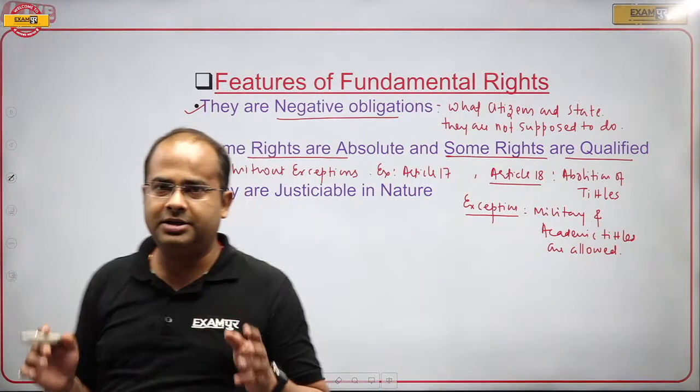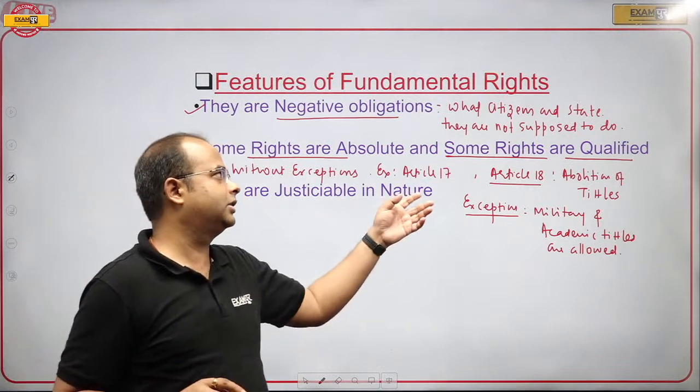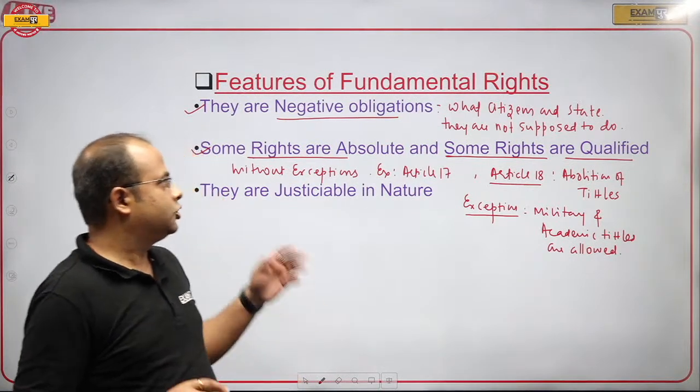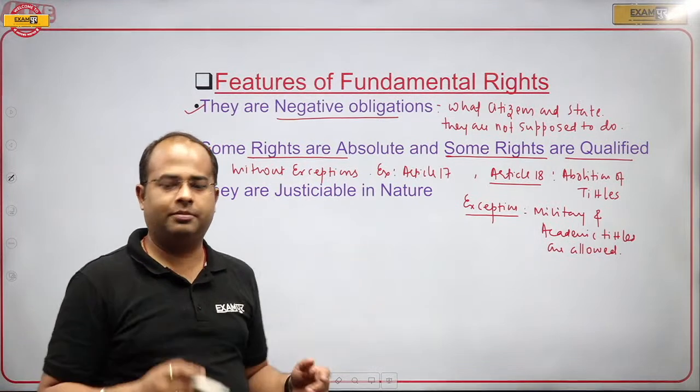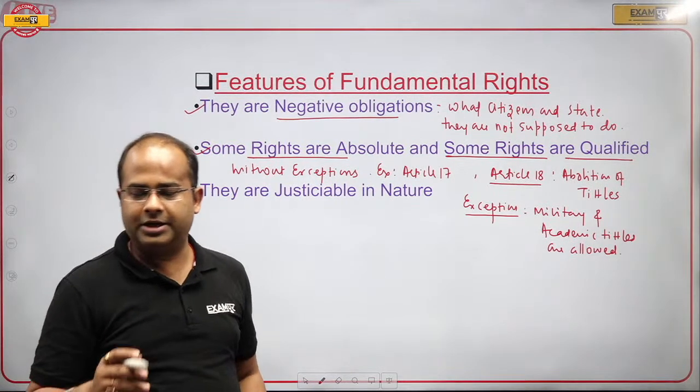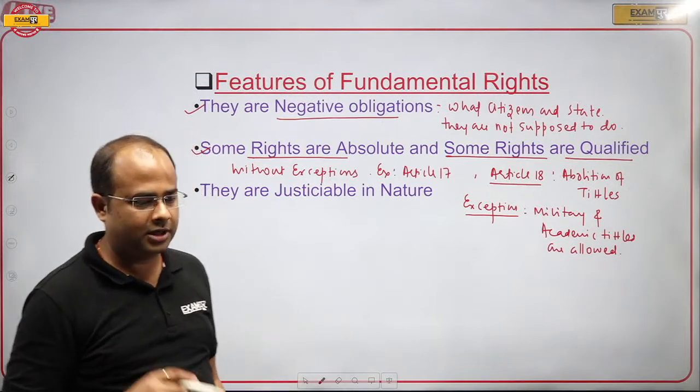So that exists with exception, therefore it is qualified in nature. I hope you have understood what negative obligation means, and that some rights are absolute, some rights are qualified.